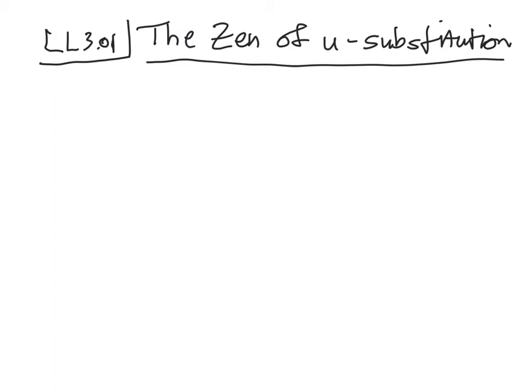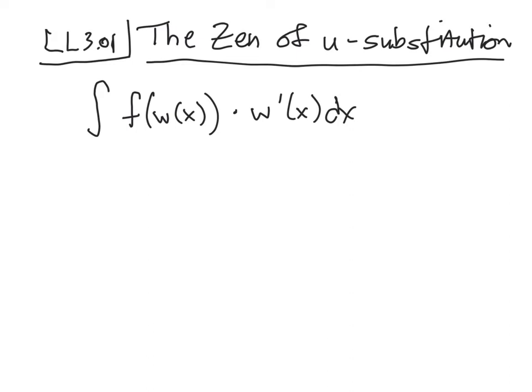Just as a reminder, we talked about in class the fact that if you have an integral, let's say you have an integral of f of w of x, I'm changing my u to w now, just because of the notational mishap that happened in class, times w prime of x dx, then the antiderivative of that is going to be, that's not meant to be a z there.